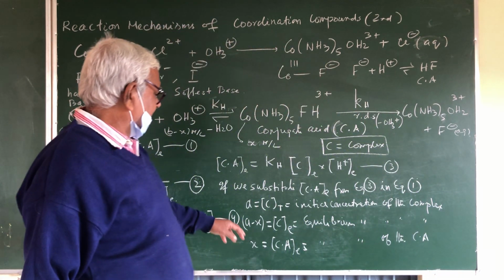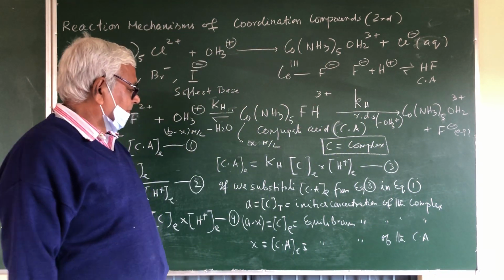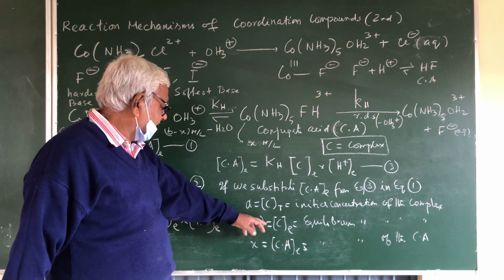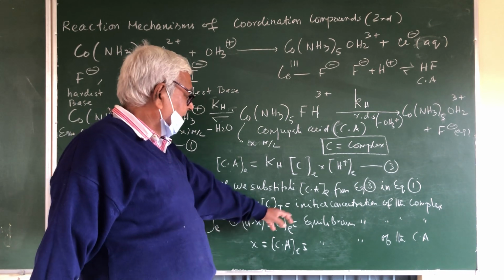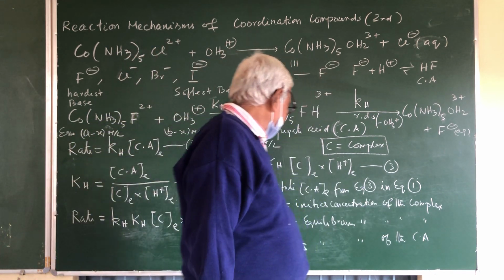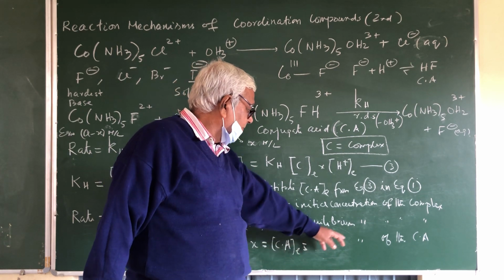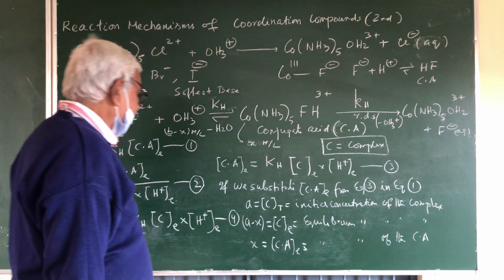Please let it be clear: A is the complex total, the initial concentration of the complex. A minus X is the equilibrium concentration of the complex. X is the equilibrium concentration of the conjugate acid.